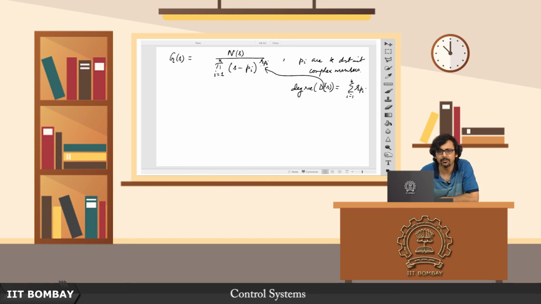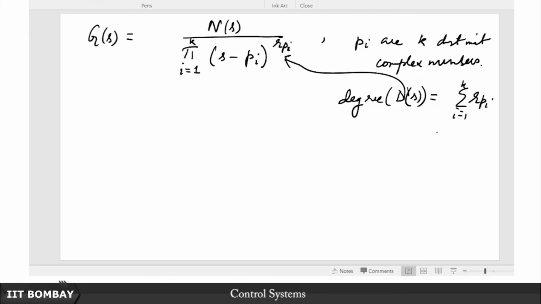But the total sum of the number of poles with the repetitions is equal to the degree of the polynomial, which must be equal to n as per our description. Remember, we have defined m to be the degree of the numerator and n to be the degree of the denominator. So then this we can generally expand in partial fractions in the following manner.